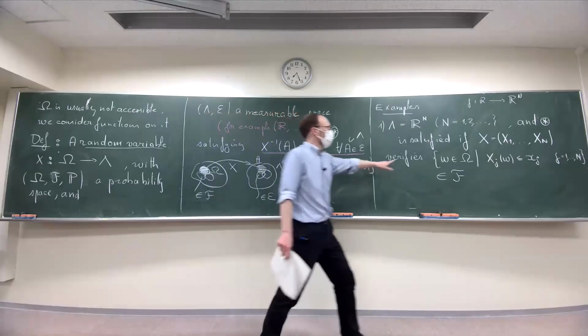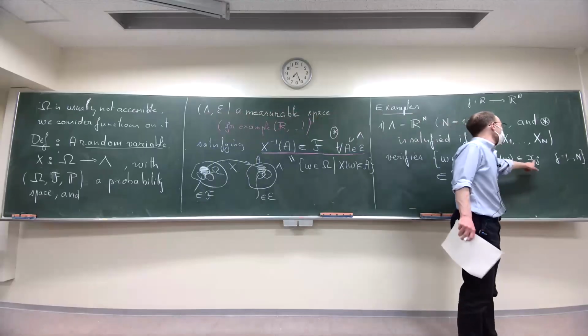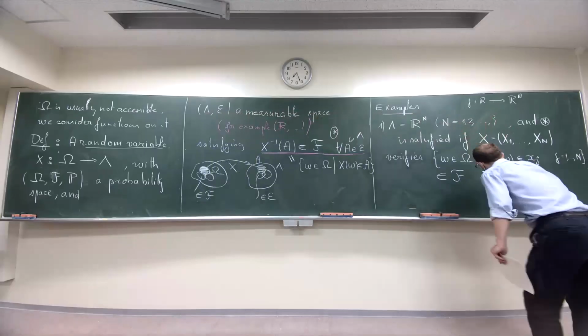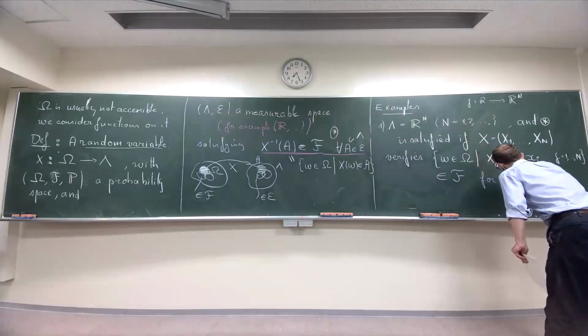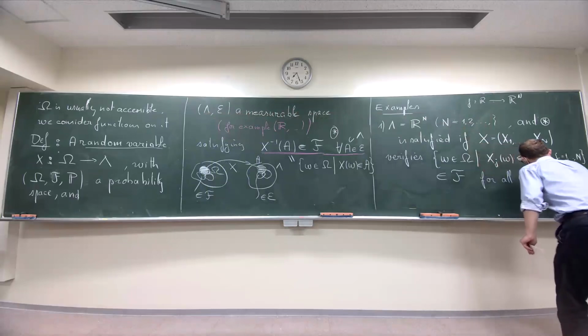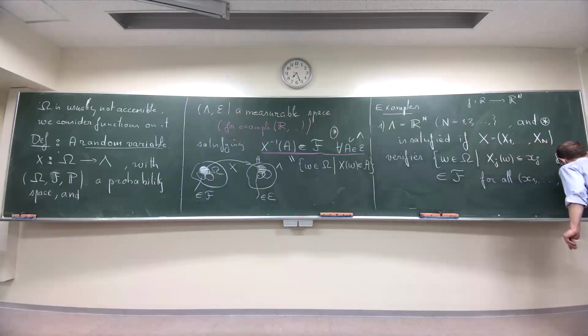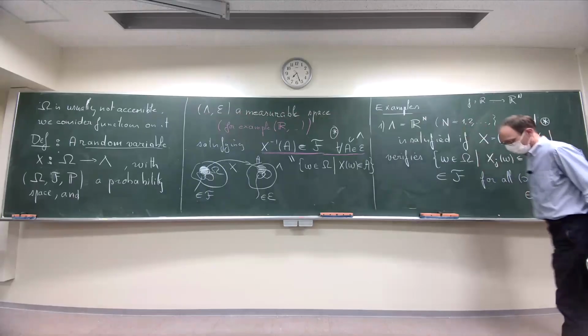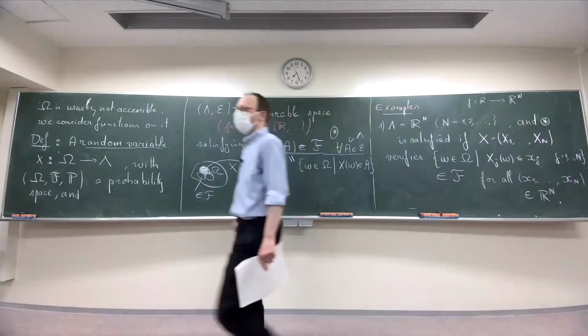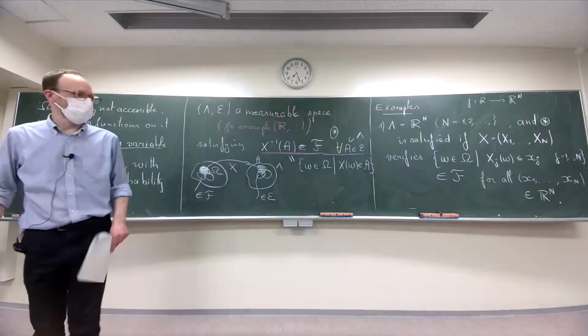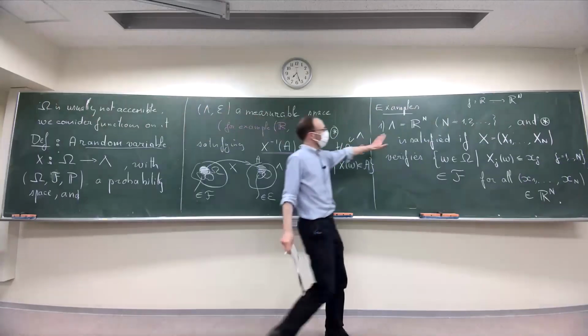each component is smaller than a certain number, for all x1 to xn belonging to Rn. This is a traditional way to look at one random variable. Think about one dimension.